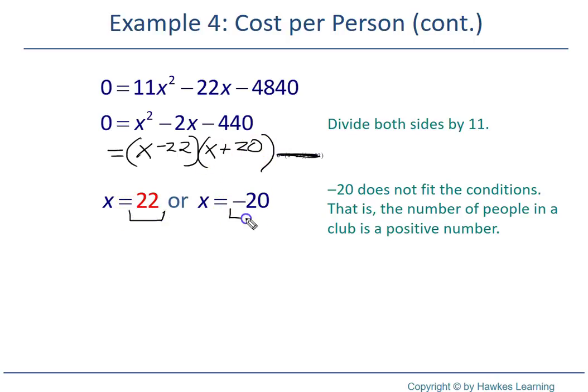This is a negative 20, and when we're counting individuals, you don't have a negative number. So our initial grouping was 22. But that's not what they're asking. They're asking in this question, how many rode the bus?